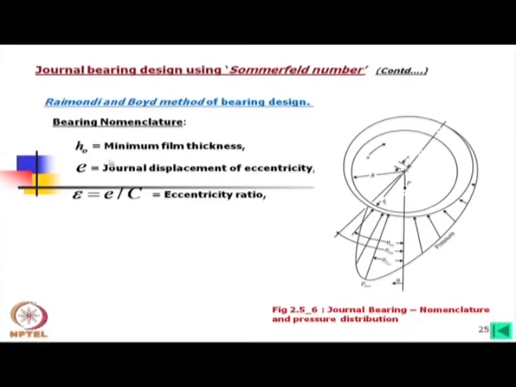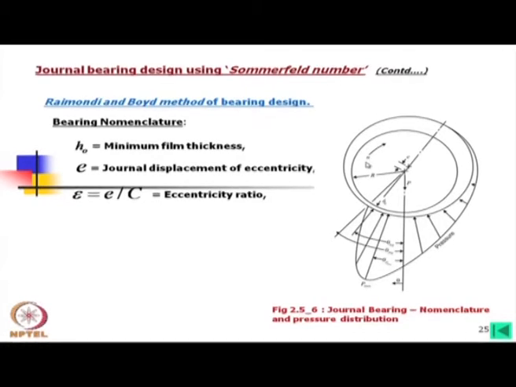Everything will be defined in this form. If we solve a practical case, we have to find what the minimum H0 is, and how much the eccentricity ratio is, which will give us a clear idea whether pressure generation will be there or not.